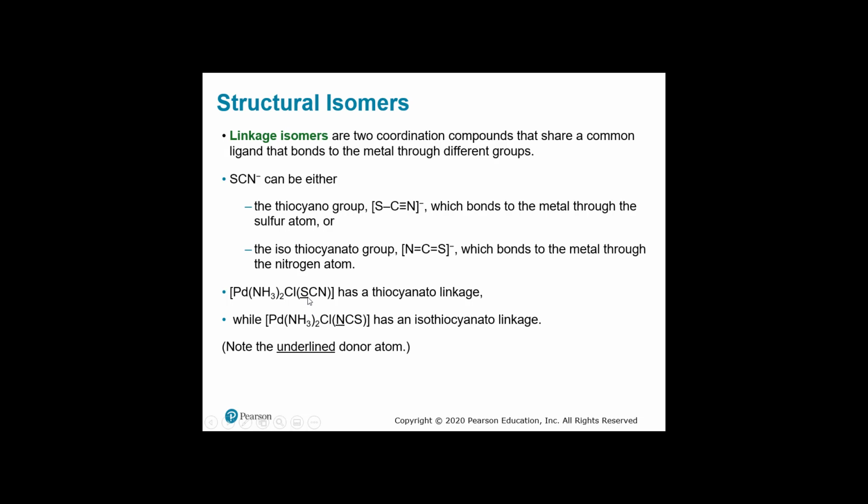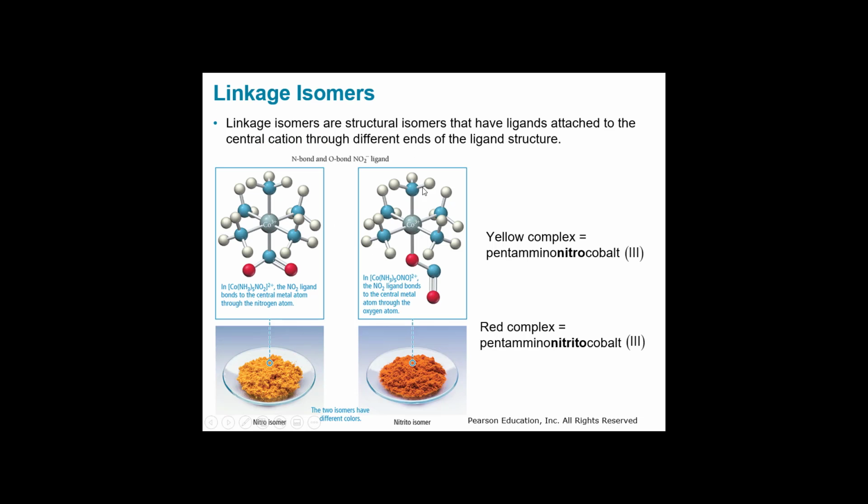And these are just one of those fun things that you just have to learn to know which one it is. But if we look here, we'll look at another linkage isomer, and this page is in your book. How it is coordinated or bonded to the metal atom also affects how it looks. So in this case, we have a yellow kind of orangey complex, and here we have an orangey red complex.